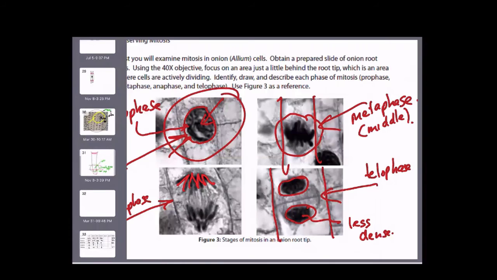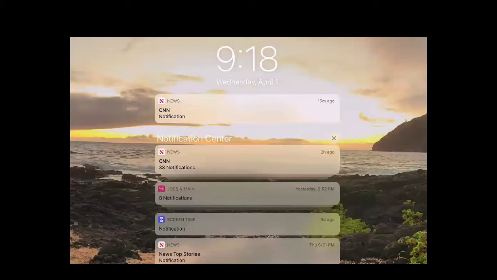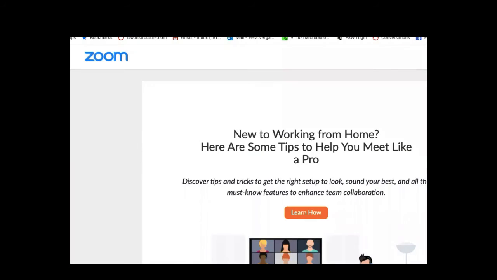Okay, so let me take away my iPad and open up your assignment that you're going to do on Canvas.